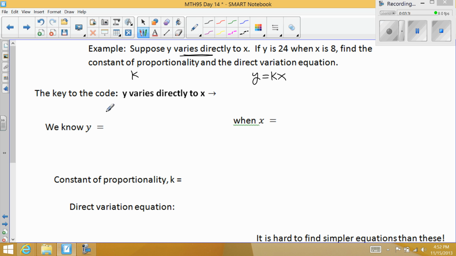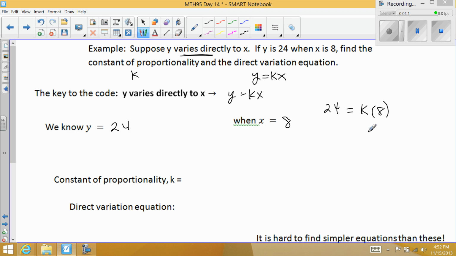So key to the code: y varies directly to x. That tells us we get to use the nice simple y equals kx formula. And then we're given some information. We know y equals 24 when x is equal to 8. So we can take that known information, plug it into our basic model here, giving us 24 for y equals that unknown k times x, and we know x is 8.